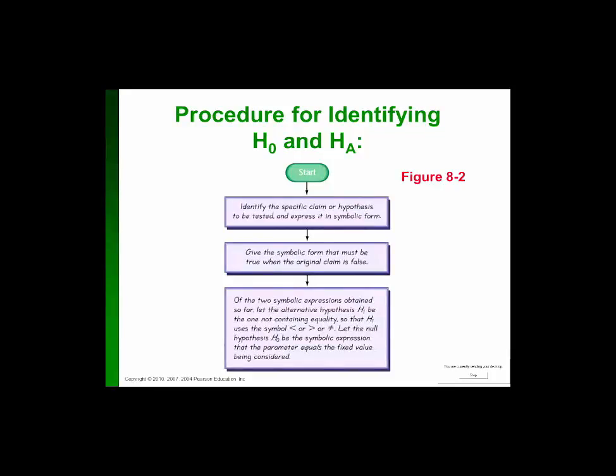Null hypothesis is always going to have an equals in it. Alternative hypothesis is always going to have less than, greater than, or not equal to in it. Correct. No, the claim can be P is greater than, but that's not the null hypothesis. Null hypothesis always has to be equals. And you'll see the reasoning behind this as we go along.